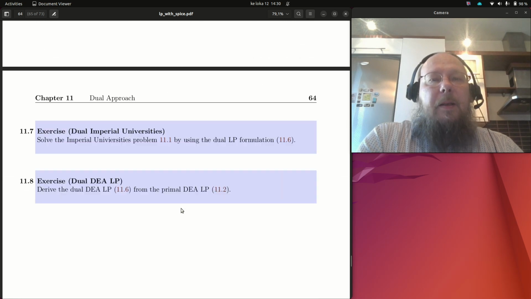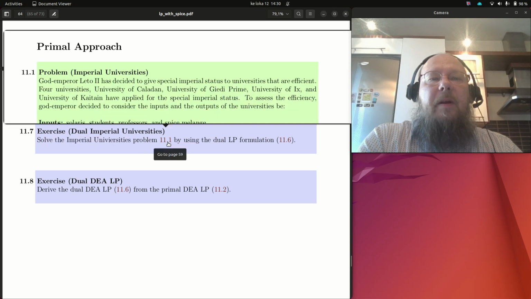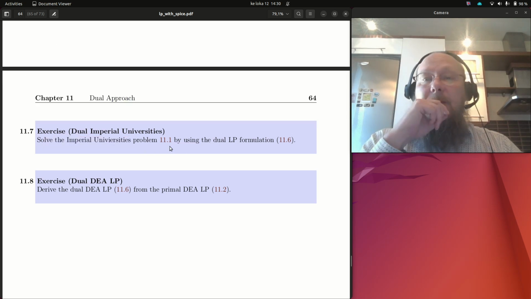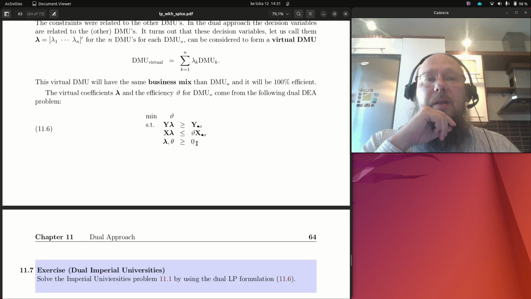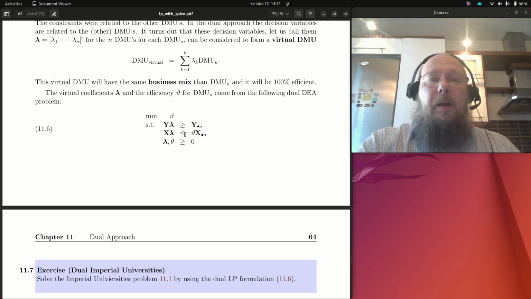And finally, let's have a couple of exercises. In exercise 11.7, you should solve the Imperial University's problem 11.1 that we solved in the previous video lecture by using the dual LP formulation 11.6. This requires writing it in standard form and solving the LP, but this shouldn't be too difficult.